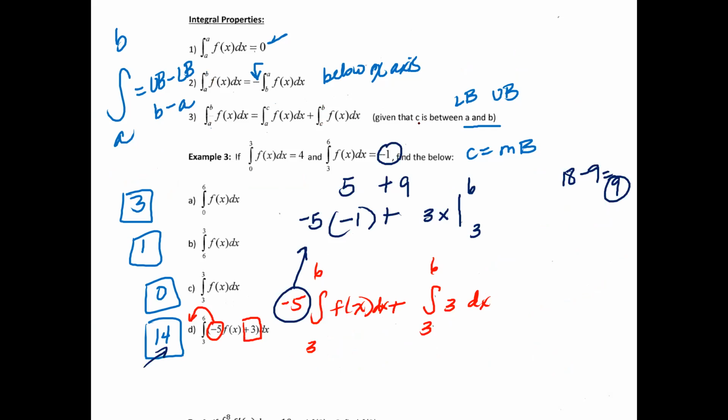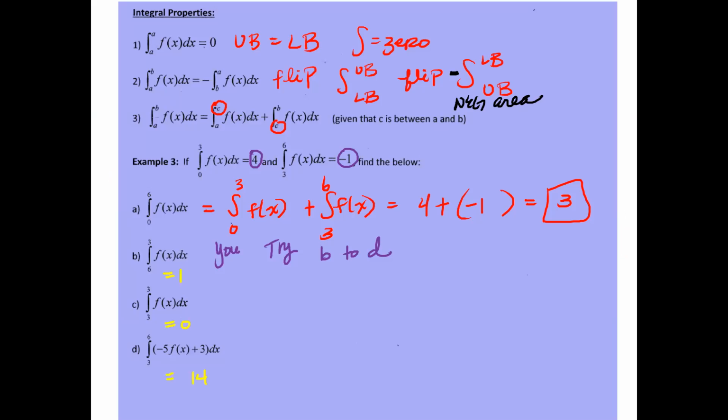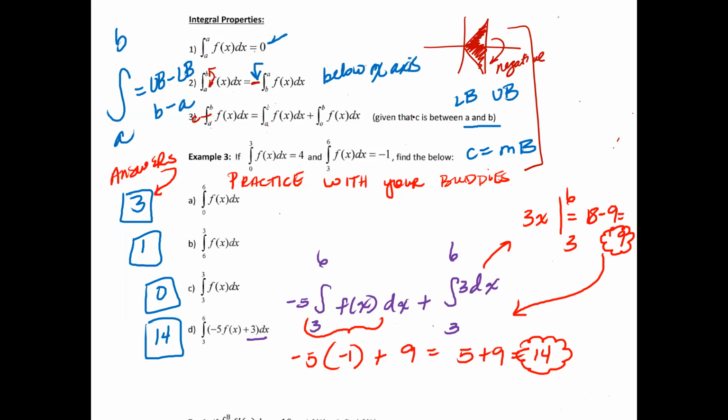And that's assuming that c is between a and b, although I don't particularly like using c because c really isn't between a to b. A better way of saying this is if it's from a to c, you can break it into the integral from a to b plus the integral from b to c, but that's not how the textbook is written. So just keep in mind, c has to be between a and b.